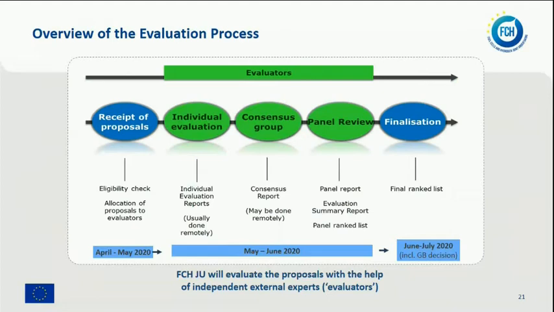They will agree on the score and agree on the final comments. Then the last 2 days in Brussels are for a panel where we check consistency of scores and comments across the different proposals. Then, end of June, we submit the results to the governing board. The governing board has something like 21 days to approve or reject the ranking of the different proposals.